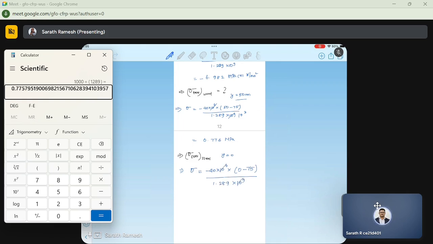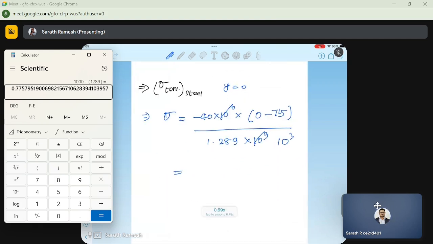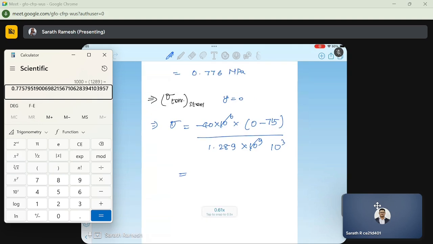So this will become 10 to the power 3. Minus into minus is plus again. So 40 into 75 divided by 1289, which is 2.327 megapascal.